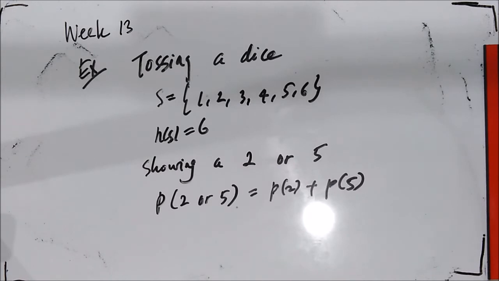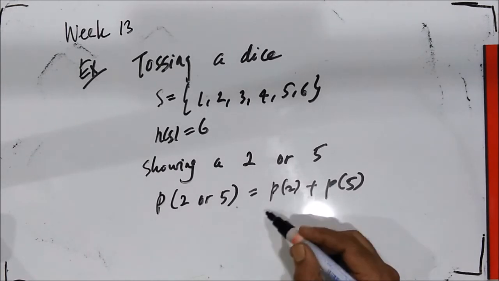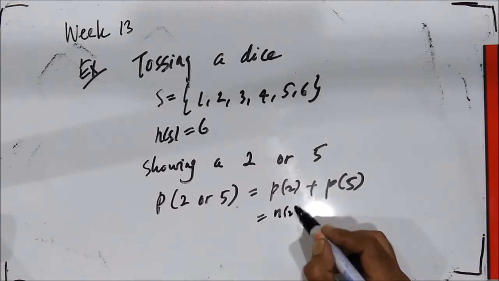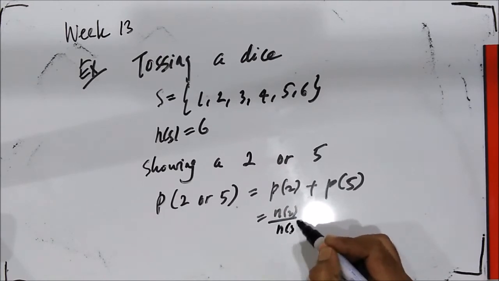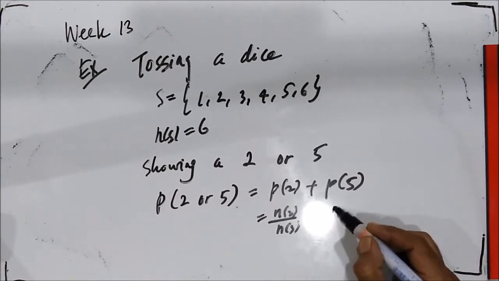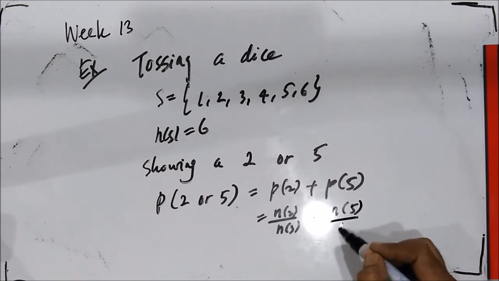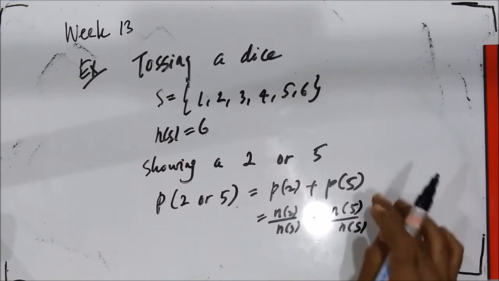So the probability of getting 2 is N2 over Ns, plus P5, which is N5 over Ns.